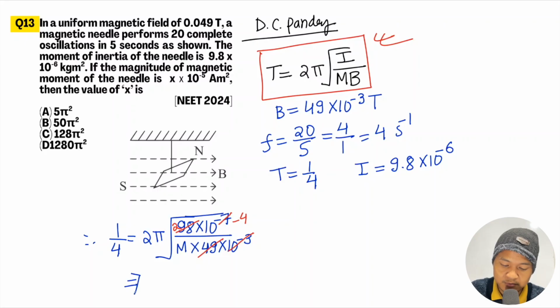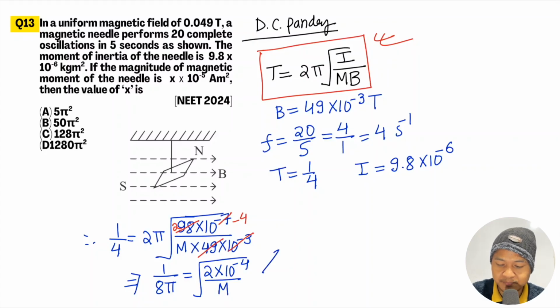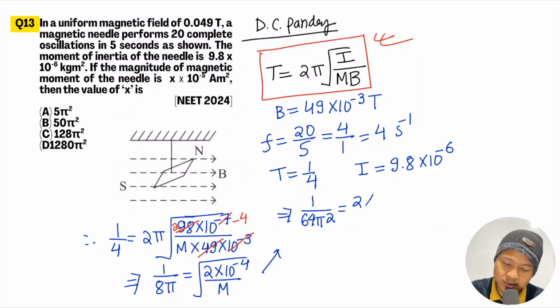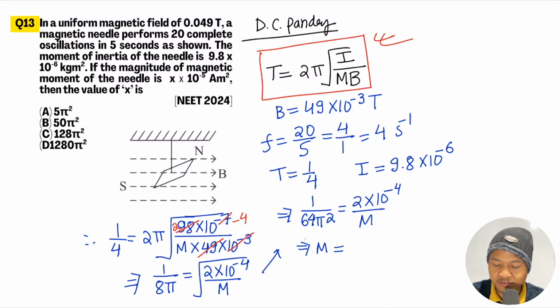So 2 pi by 4, or pi by 2, is equal to root over 2 into 10 power minus 4 divided by M. Square both sides. So 1 by 64 into pi square equals 2 into 10 power minus 4 divided by M. Cross multiply, so 64 into 2 is 128 pi square into 10 power minus 4.